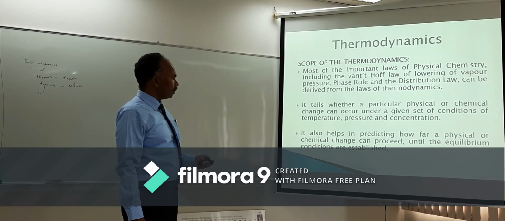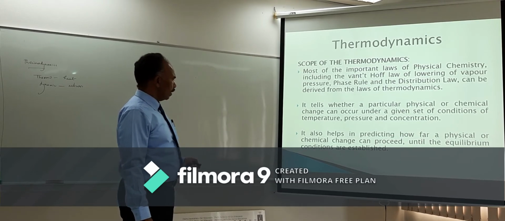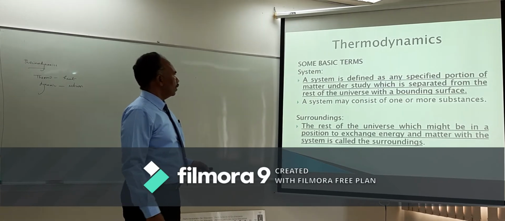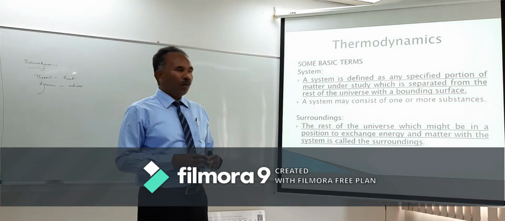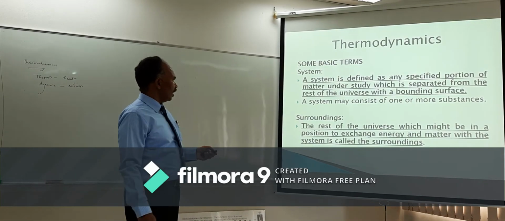It also helps in predicting how far a physical or chemical change can proceed until equilibrium conditions are established. There are some basic concepts. We must know what is system, what is surrounding, what is boundary, etc.